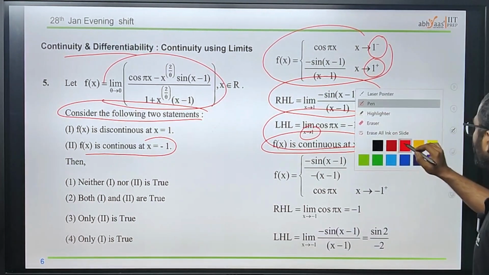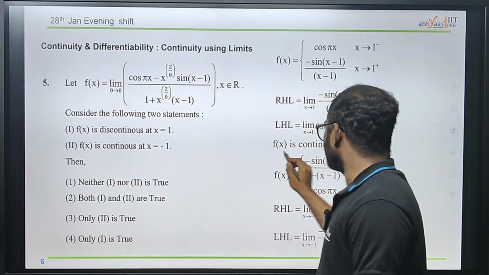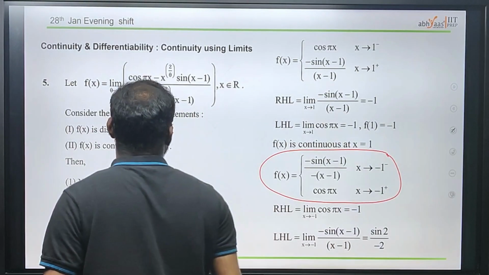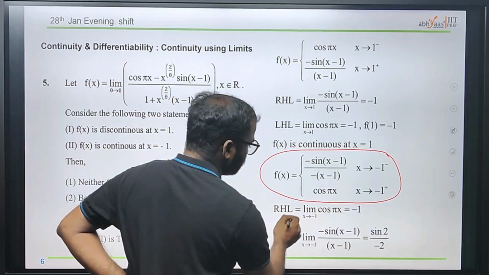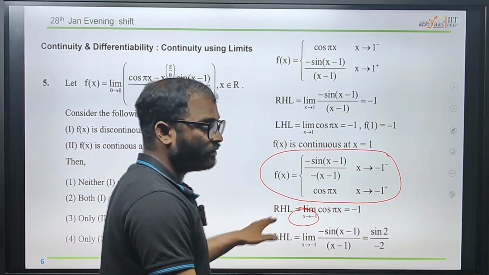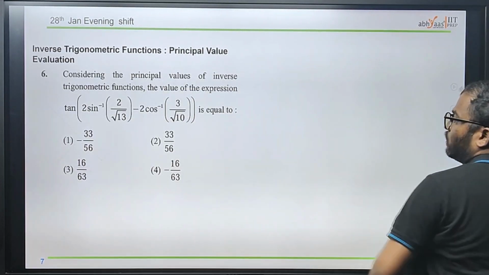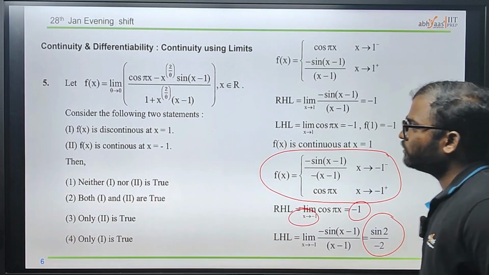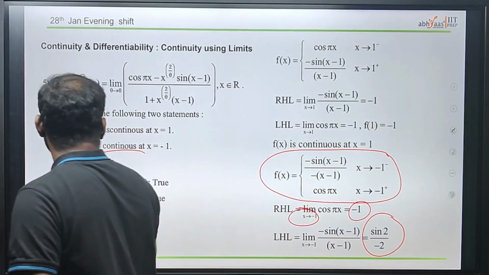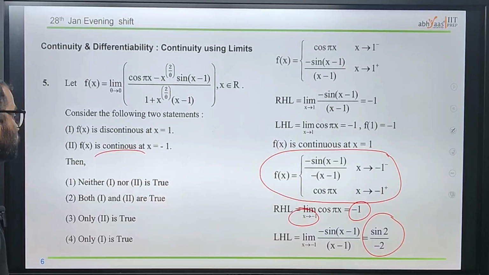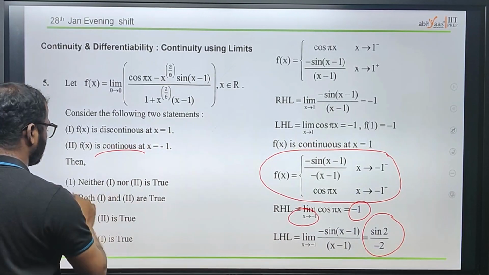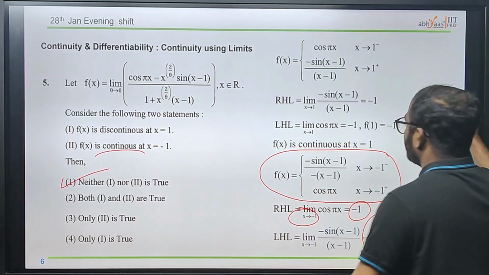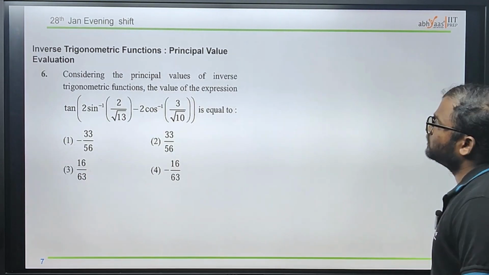Similarly, when x tends to minus 1, we can check with the same process, and we have a different situation. Therefore f of x is not continuous at x equal to minus 1. Therefore neither 1 nor 2 is true, so that option is the correct answer.